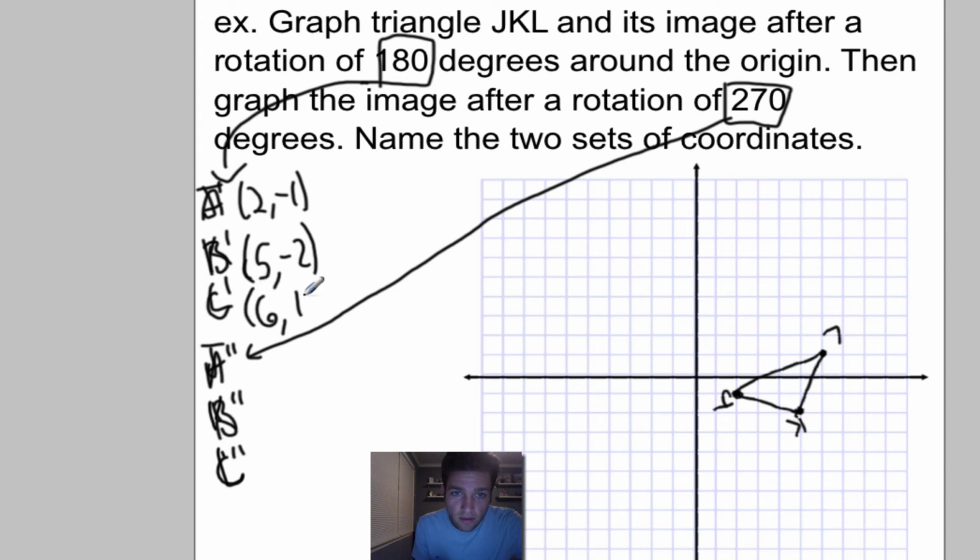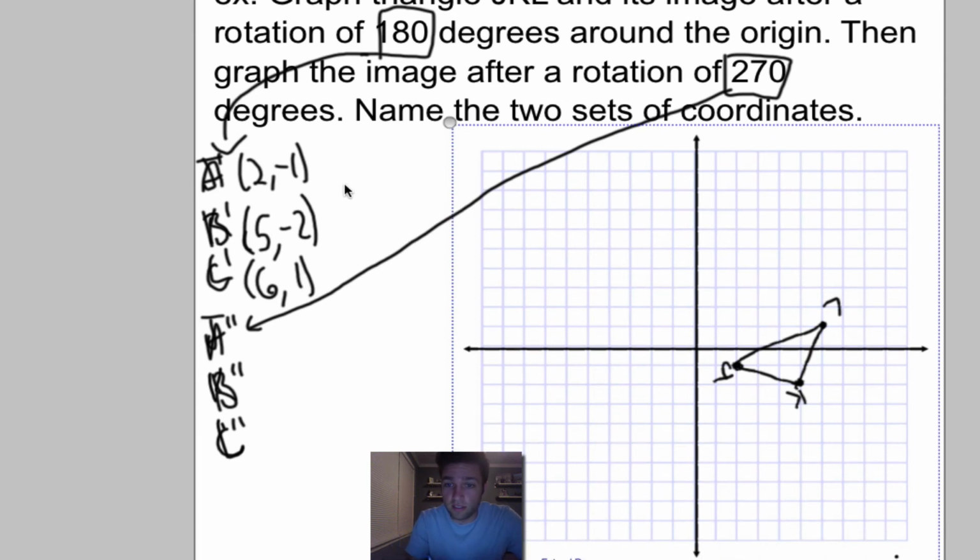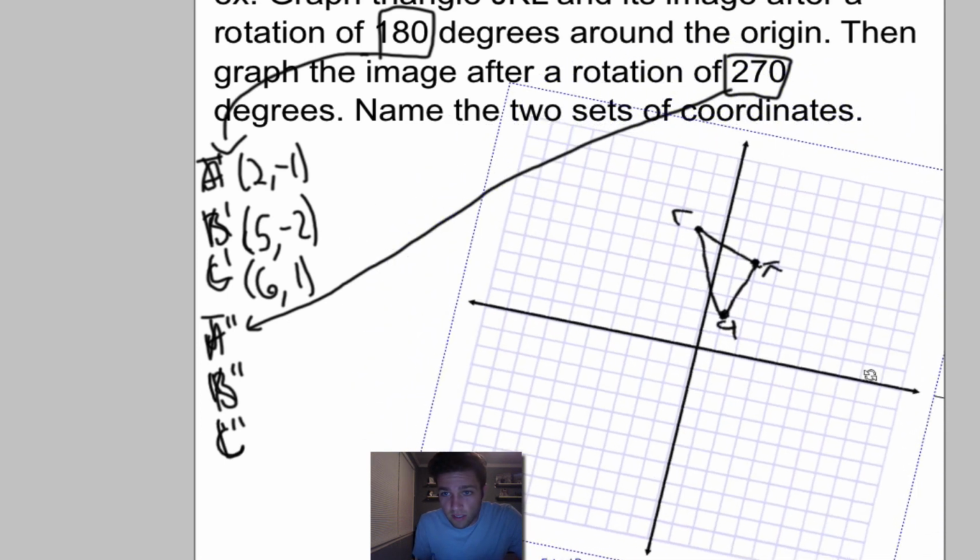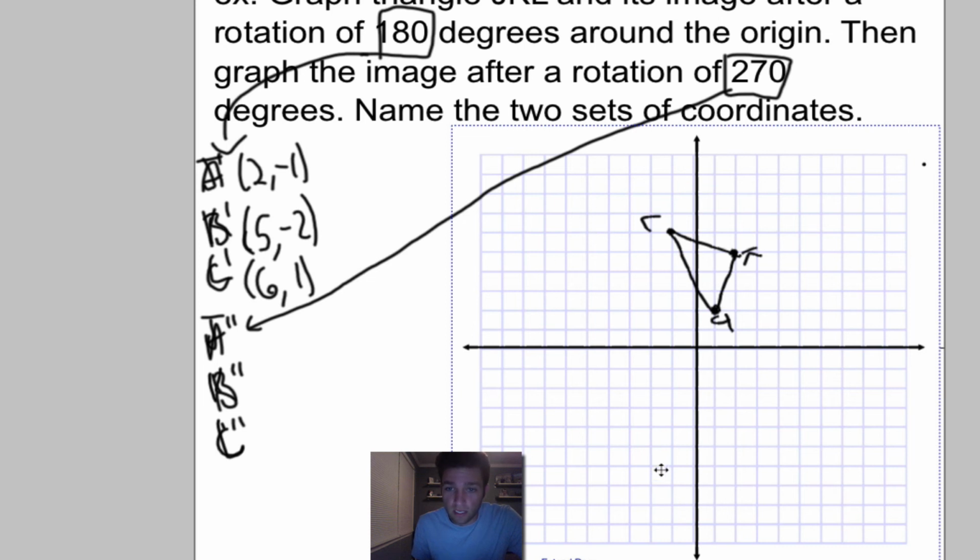Again, it's kind of like you have a brand new X and Y axis, and you just pretend that this is the X and this is the Y and find your coordinates. And now we were also asked to do a 270 degree rotation. Well, we've already gone 180 degrees, right? So we only need to do one more turn to get it at 270, because 90, 180, 270. So now we're at 270.